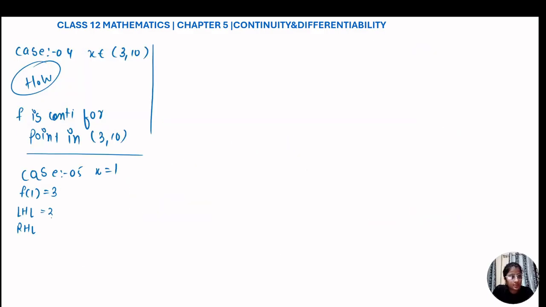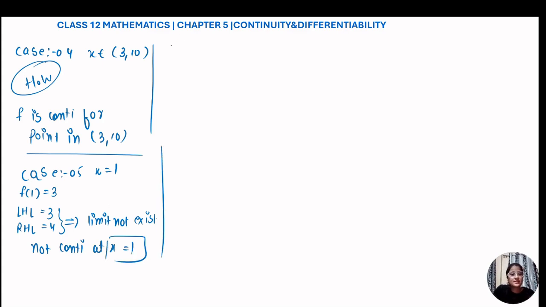So this is 3, this is 4. From here what you get, the limit does not exist, so there is no point in checking its equivalence with the function value. So by this what you get, not continuous at x equals 1.